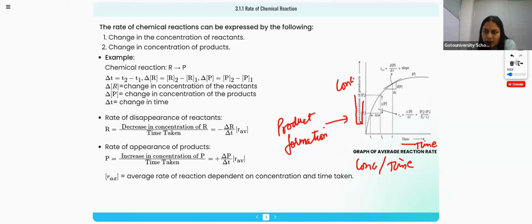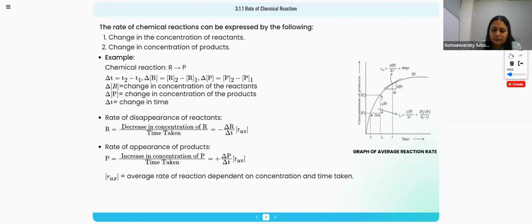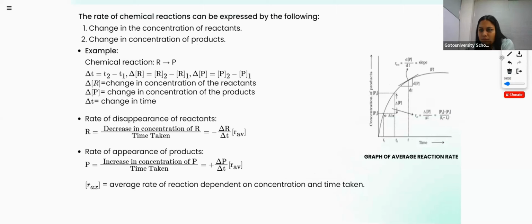If you look closely at it, here we have product P1 and product P2. Here we have the product at the initial stage at time t1, and the product formed, that is P2, at time t2, at different times. Now, how do we calculate the rate of change in the concentration of product?